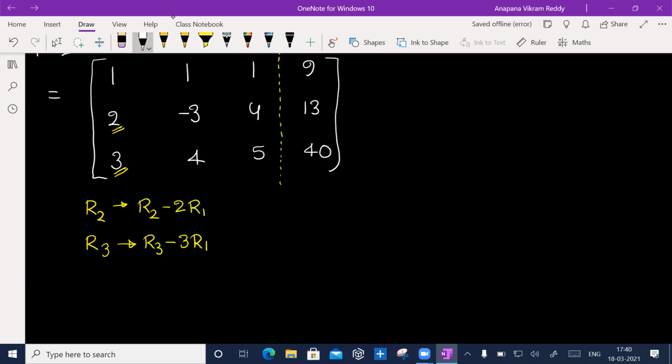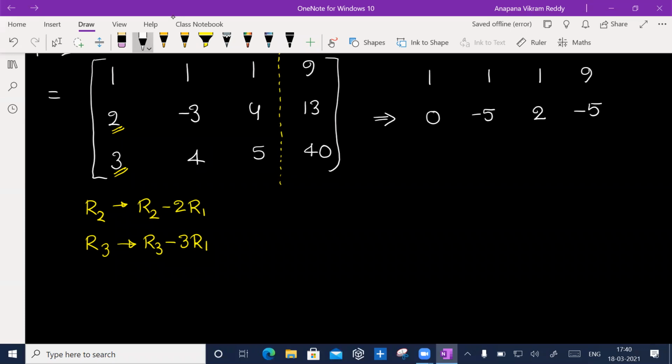So having done this, what must you get here? Row 1 behaves the same. What about row 2? This must be 0, and this is -5, this is 2, again -5. 13 minus 18 is -5.